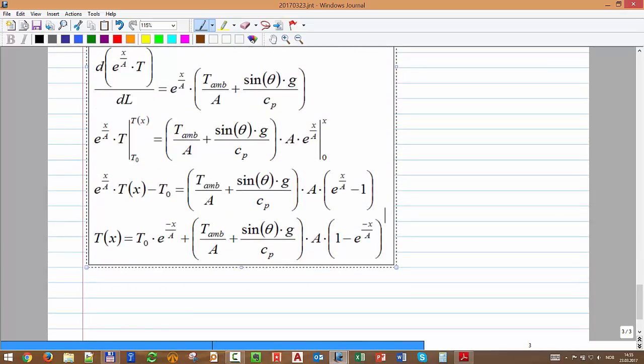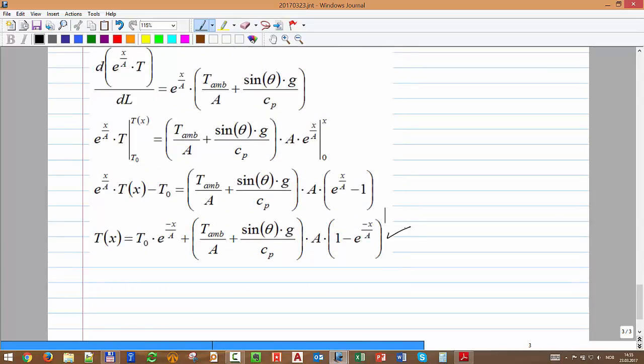Okay, I'm assuming that it behaves like a liquid, and x is measured from here, T0 is the temperature at the beginning of the section. T0 is here at x equals 0, and with this one I can predict how the temperature will change along the pipe.